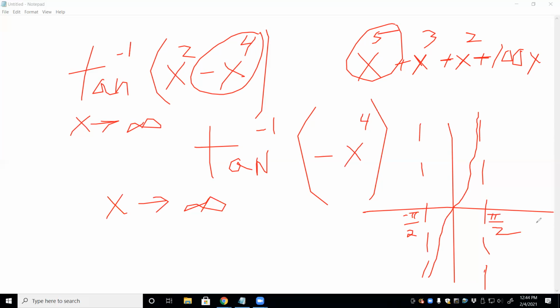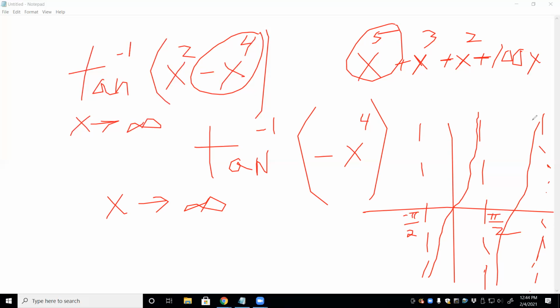If they were talking about tangent, then because this thing just repeats forever, the tangent of infinity is undefined.